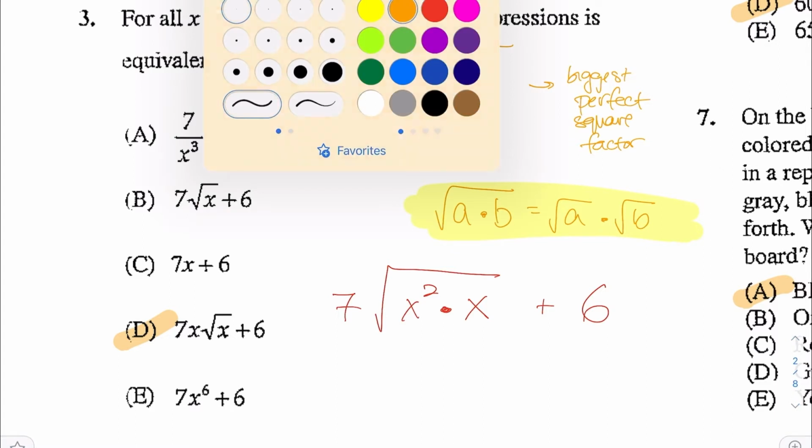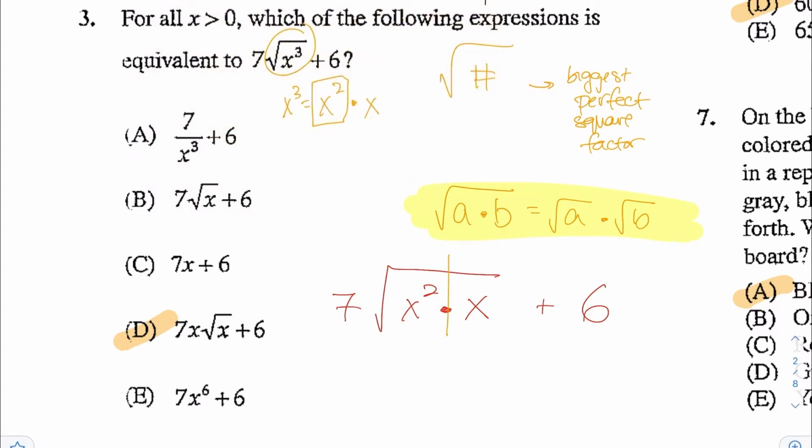And now you can split the square root into 2 separate square roots using this law. So that will give you 7 times the square root of x squared times the square root of x plus 6. Now the square root of x squared, assuming x is positive, is just equal to x. Because x is a positive number, it's not a negative number.